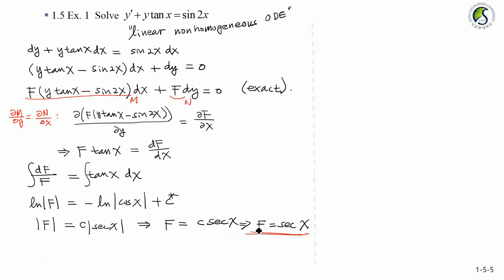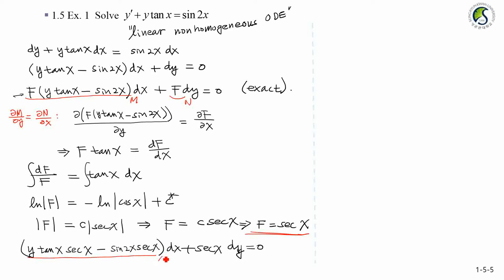So if we put this integrating factor f back into this ODE, what we get is y times tangent x secant x minus sine 2x secant x dx plus secant x dy is 0. This is an exact ODE.